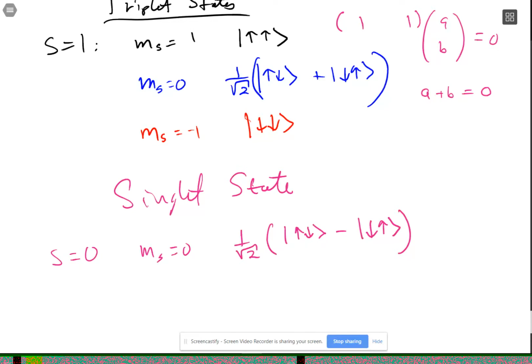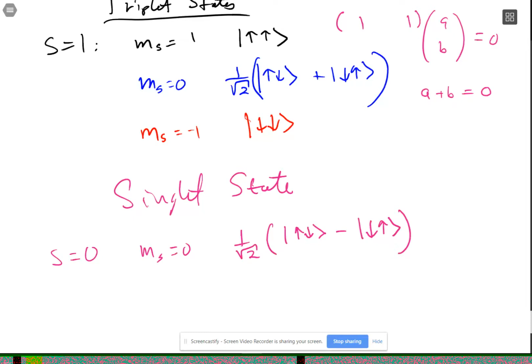The m sub s equals minus 1. Down and down. What happens if I flip them? Nothing. Now the middle one, it's up and down, plus down and up. So what happens if I flip those? They're the same. So we say that these triplet states are symmetric under exchange. They're symmetric because it doesn't matter if you switch the particles.